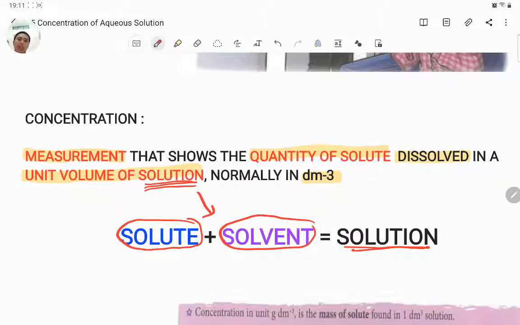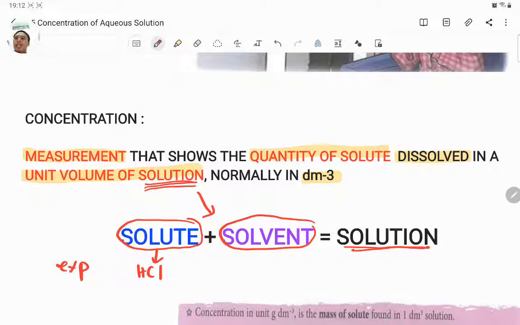Hydrogen chloride gas needs water to ionize and produce hydrogen ion. So back to this explanation for solution, in this example we conclude that HCl, our hydrogen chloride, is our solute.